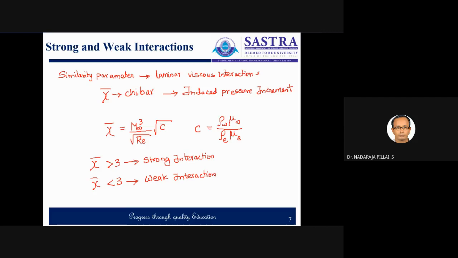So in general, chi bar has a large value in the strong interaction region and a smaller value in the weak interaction region.